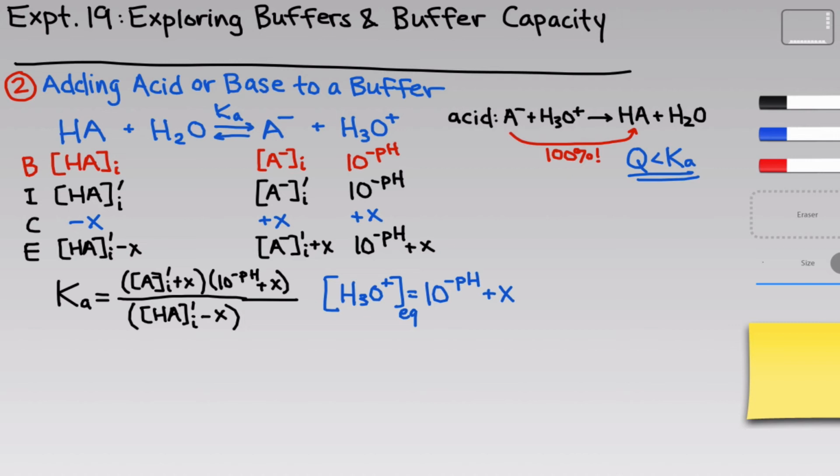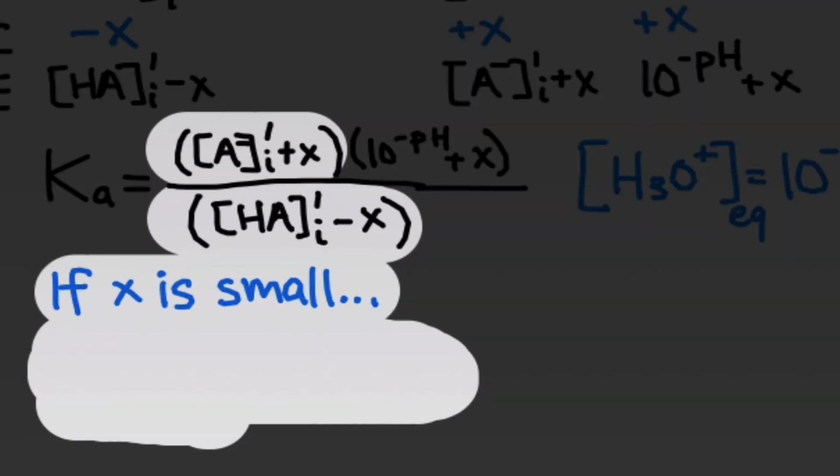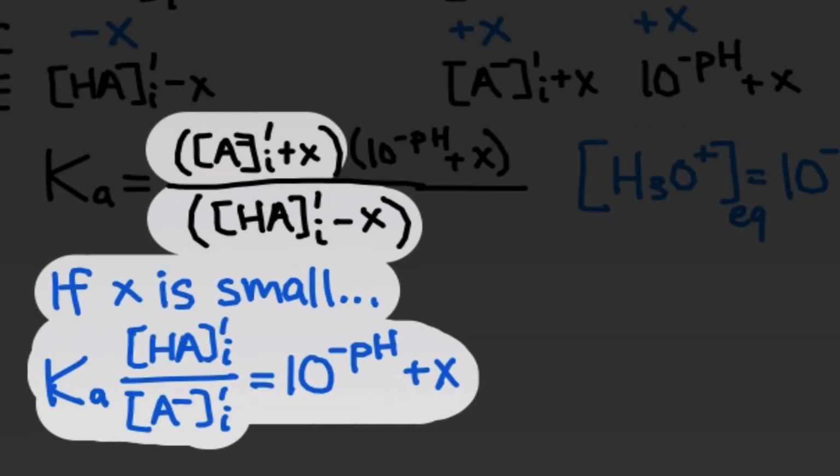Now if x is small, which it will be if the concentrations on the I line are all much greater than the Ka value, then we can make a useful simplifying assumption, which is that these factors that contain A minus prime plus x and HA prime minus x are really approximately equal to A minus prime and HA prime.